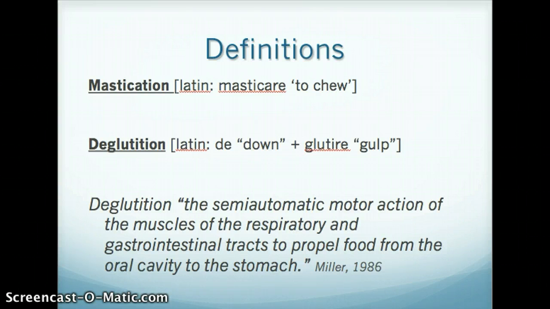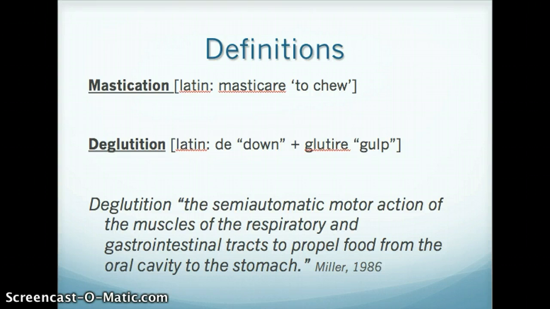Mastication comes from the Latin word to chew, and mastication involves the process of food preparation, including moving unchewed food to the surfaces of the tooth and chewing it and mixing it with saliva. And then deglutition, this means to go down, or to gulp down, and deglutition refers to swallowing.